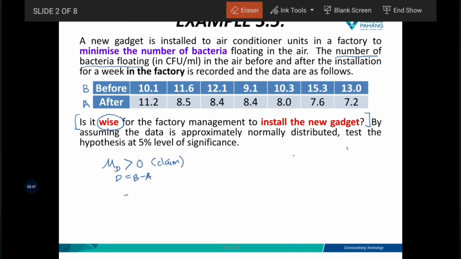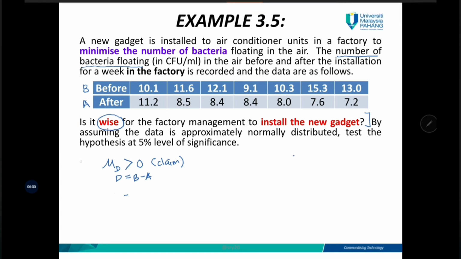When we choose this version, this is greater than, which means the claim is under H1 in step 1, because of the unequal sign. This will be H1.